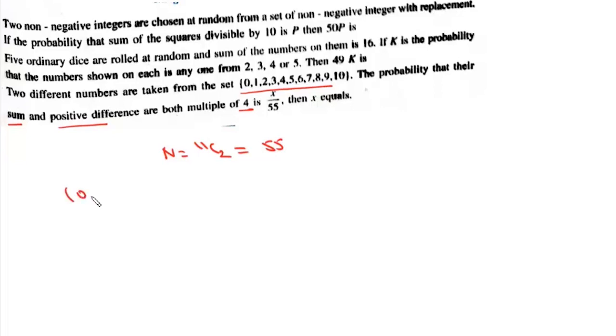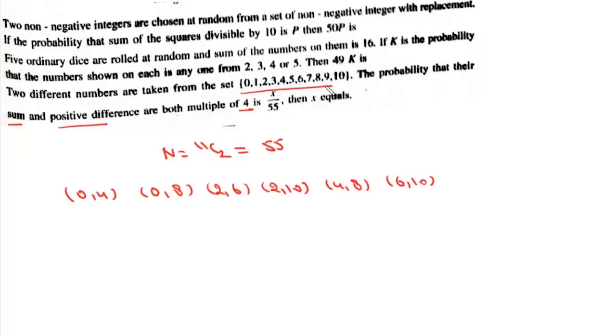Now one of the possibilities is 0 and 4, 0 and 8, and then we'll have 2 and 6, and 2 and 10. Then we have 4 and 8, and 6 and 10. For odd numbers, 5 minus 1 is 4, but 5 plus 1 is not a multiple of 4. Now 7 plus 1 is a multiple of 4, but 7 minus 1 is not a multiple of 4.